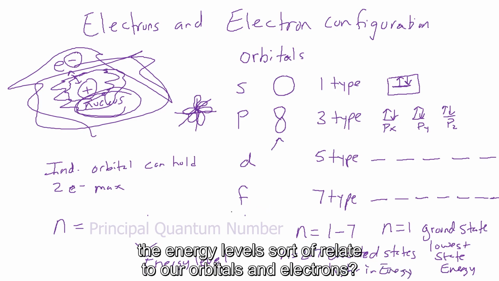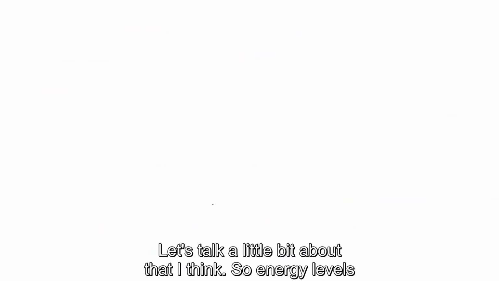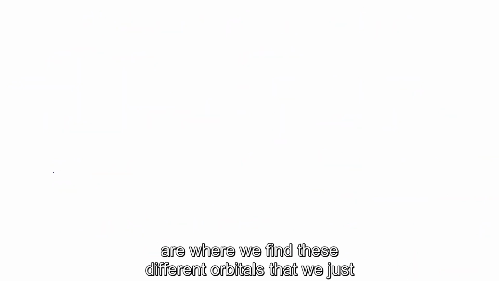So how do the energy levels relate to our orbitals and electrons? Let's talk a little bit about that. Energy levels are where we find these different orbitals that we just talked about. Now, electrons go into the atom always from lowest energy to highest energy.